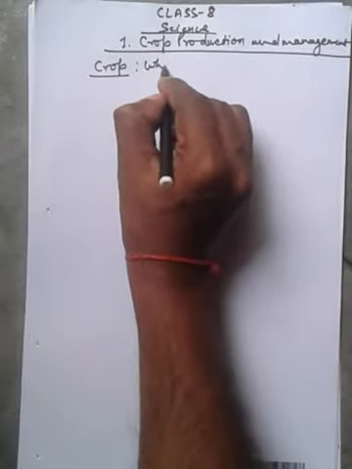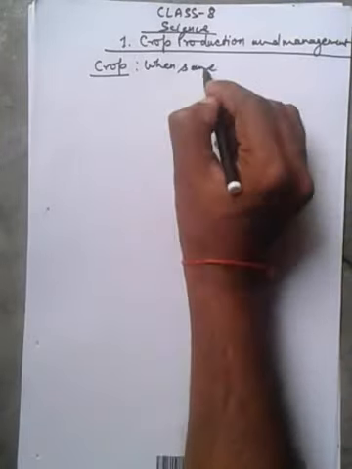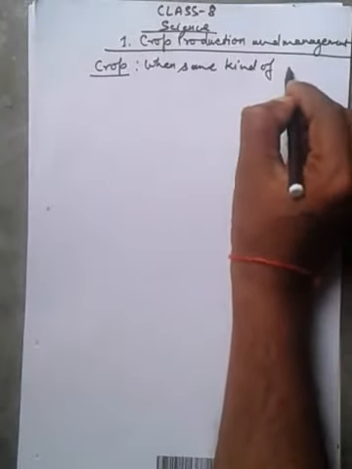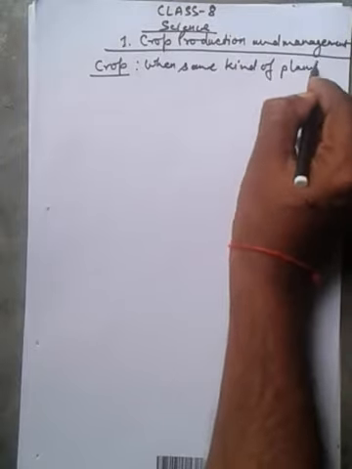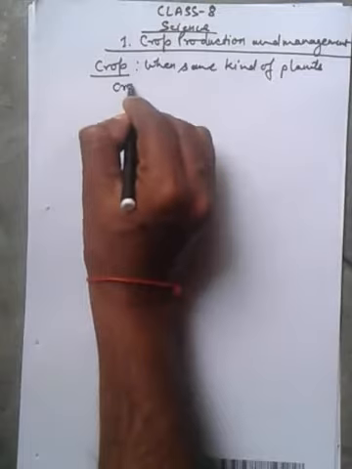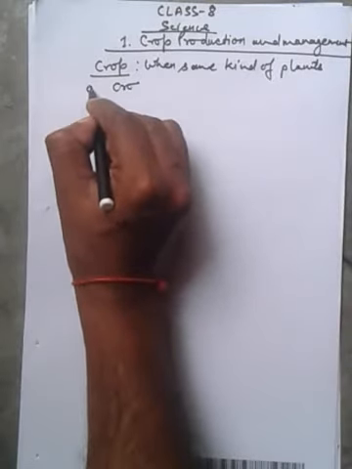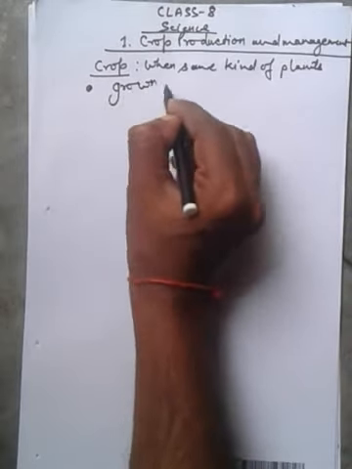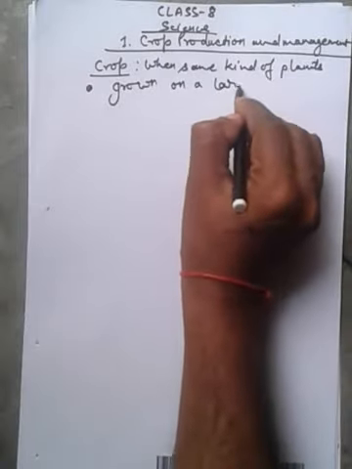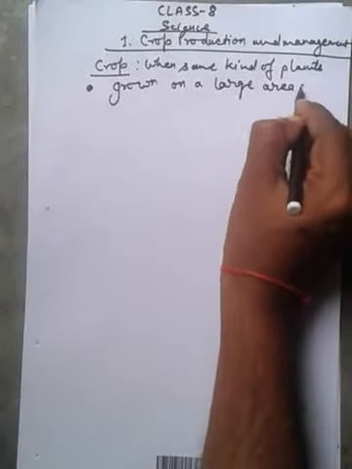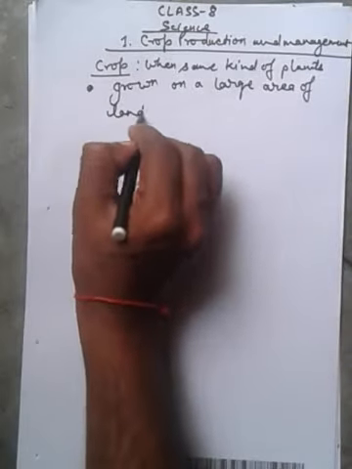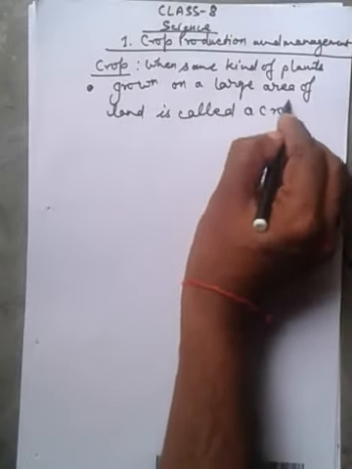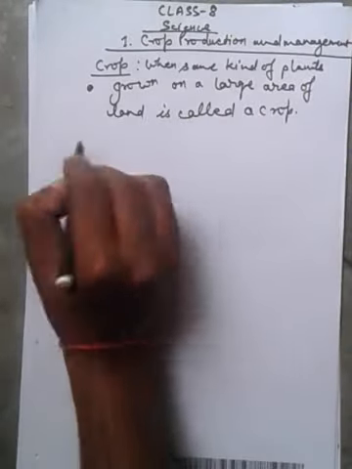When the same kind of plant is grown on a large area of land, it is called a crop. Crops are basically of two types.